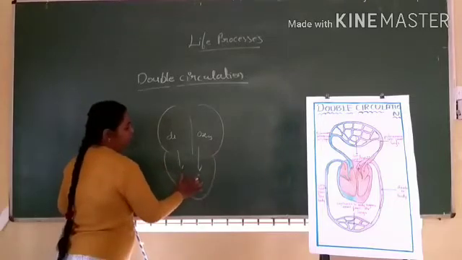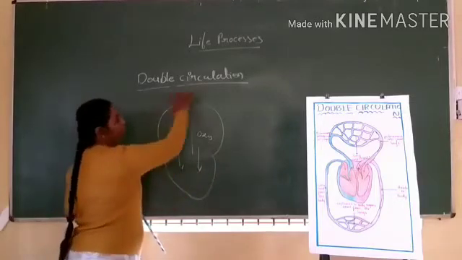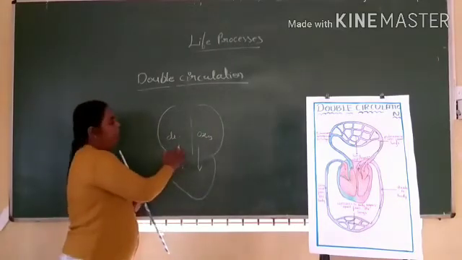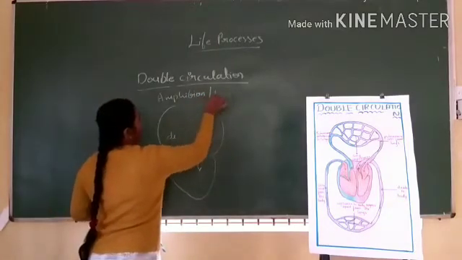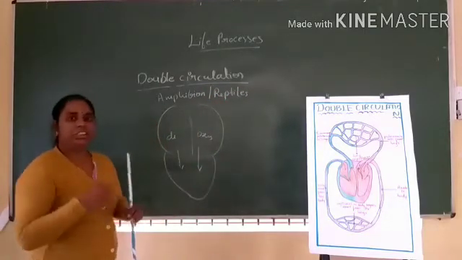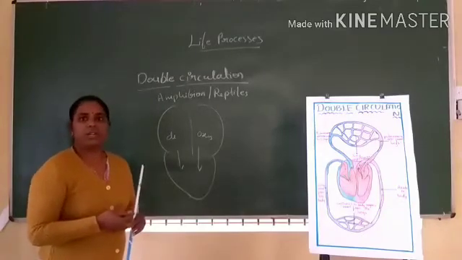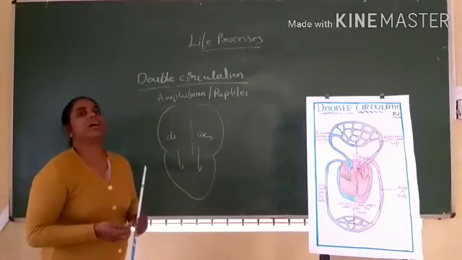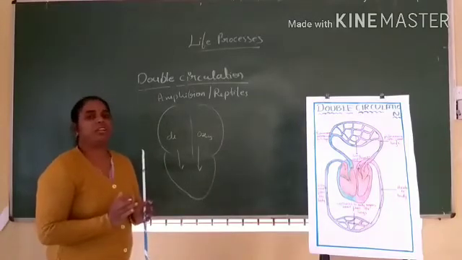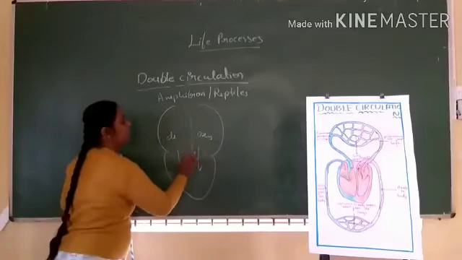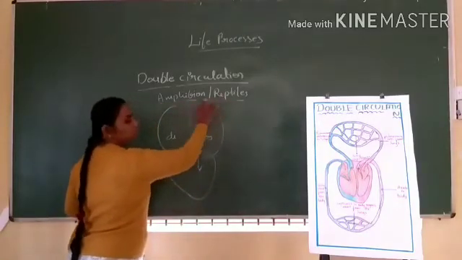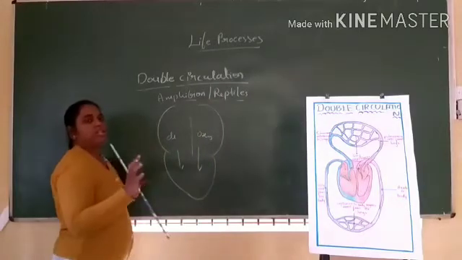That means the oxygen supply to the body cells is very low here. And this is enough for amphibians because they are cold-blooded animals. Cold-blooded animals can change their body temperature according to the surrounding environment. Therefore there is no requirement of energy to maintain their body temperature, and less energy is required for them. So this kind of mixing of blood is okay for amphibians and reptiles, but it is not enough for mammals and birds.